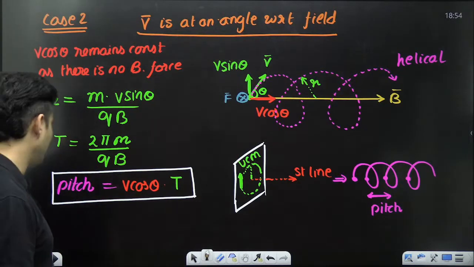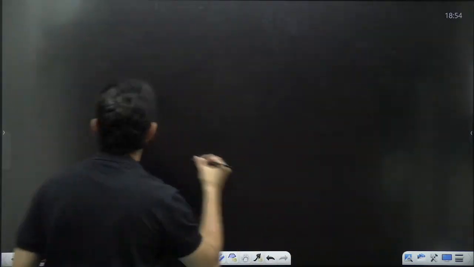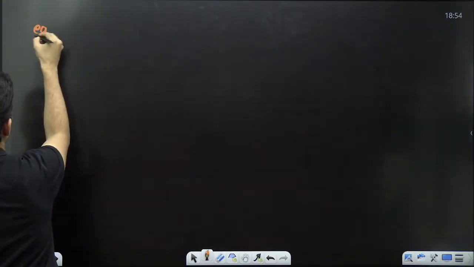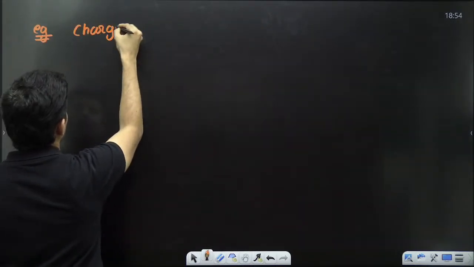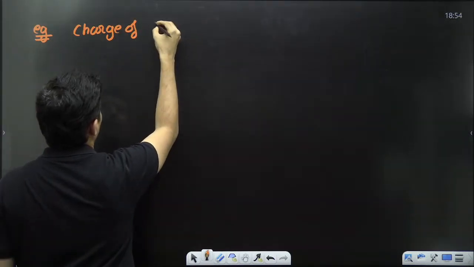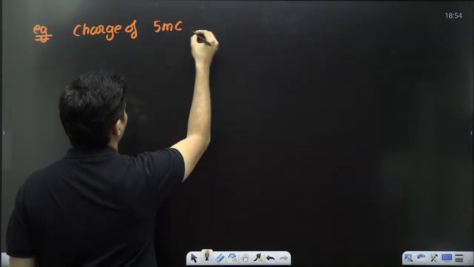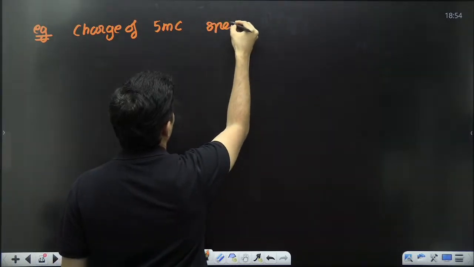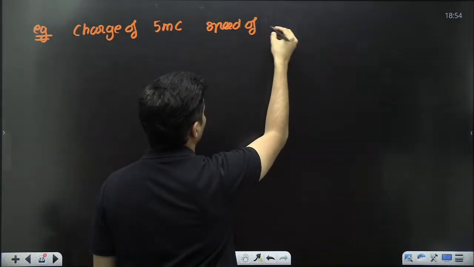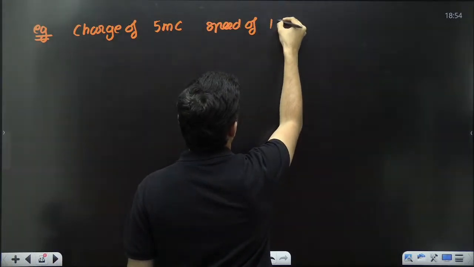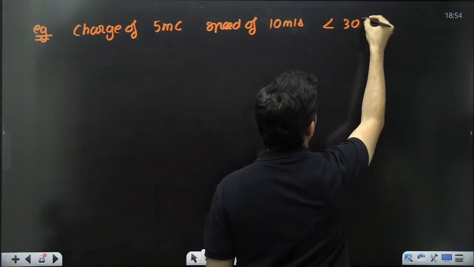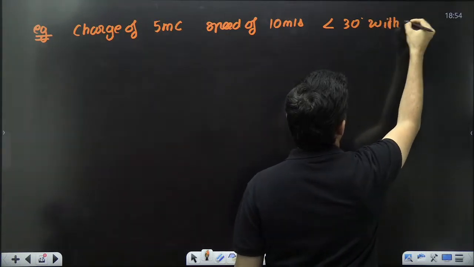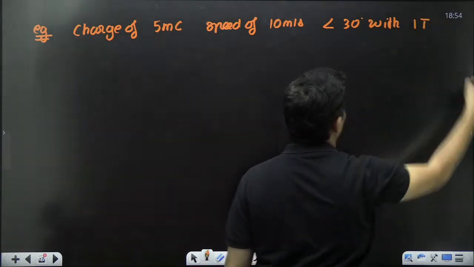So these kinds of questions can definitely come. They will ask you to find the pitch. For example, they might give you a question: say a charge of, let's say, 5 millicoulomb, with a speed of, for example, 10 meters per second, at an angle of 30 degrees with, let's say, 1 Tesla.